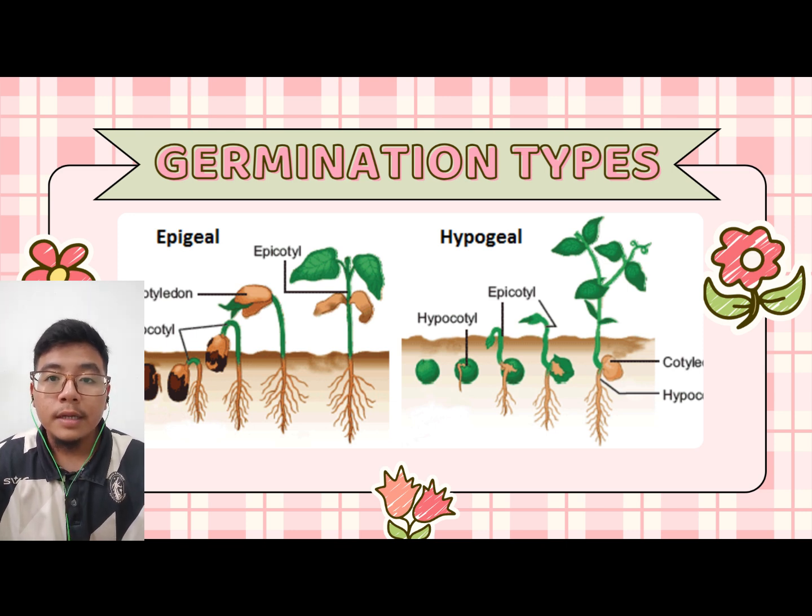In this process, the plumule or primitive shoot tip emerges above the ground and pushes its way to the surface. Examples of plants that exhibit hypogeal germination include pea, maize, mango, rice, gram, and groundnut.